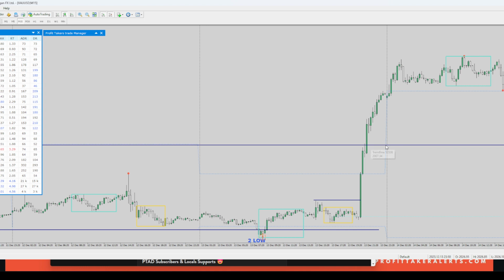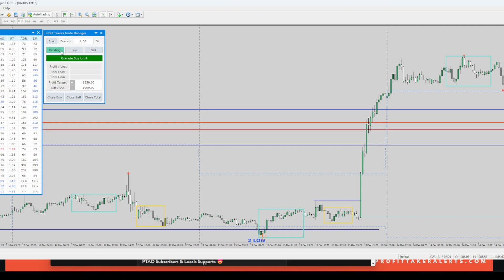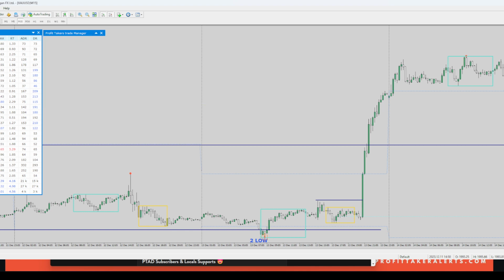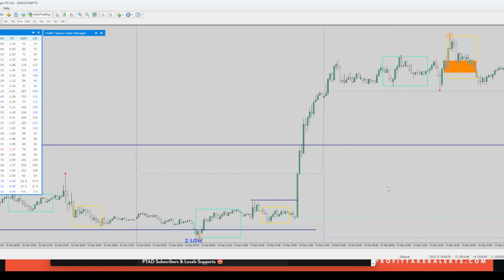You could take all your profits at this area. And guess what this area was? This was Monday's high. Let me see if this is... yeah, we're not going to be able to see anything. So from here to there, it's like 203 pips on a Wednesday. You could not have to trade the rest of the week.